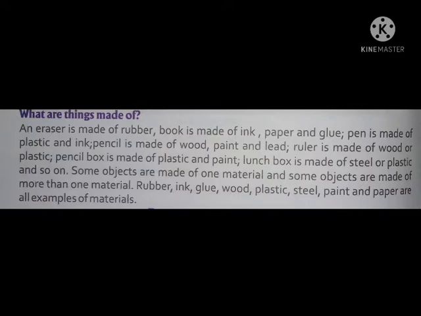So all the things you carry in your school bags are made of different materials. So these are the materials given in this book. Means eraser is made of rubber, ruler is made of wood or plastic. Okay, some objects are made of one material and some objects are made of more than one material.